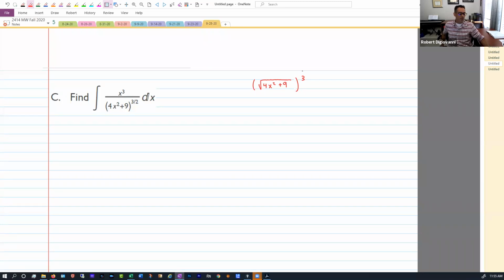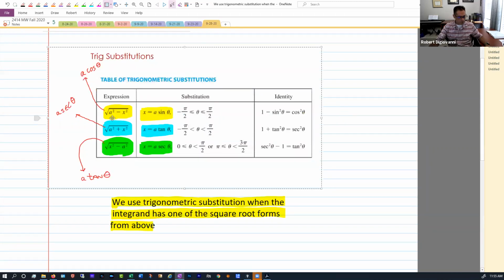It's to realize that raising something to the 3/2 is the same as taking the square root of it and then cubing it. And by doing that, you're starting to get closer to a trig sub form, aren't you? Now, the problem we have is that in the forms that we have, notice that on these formulas you always have just x squared.